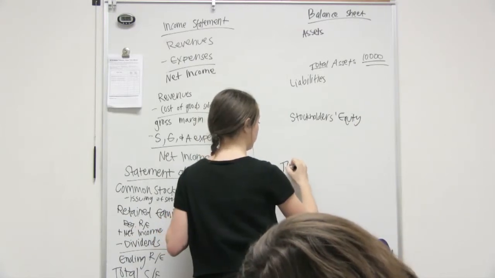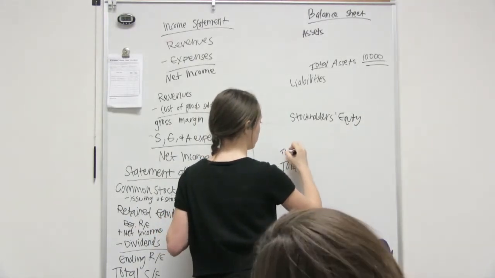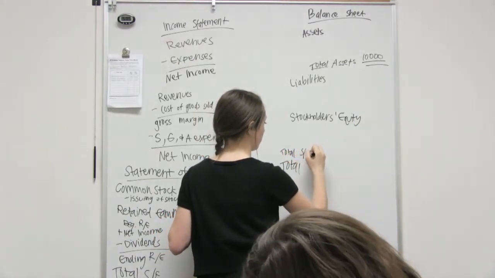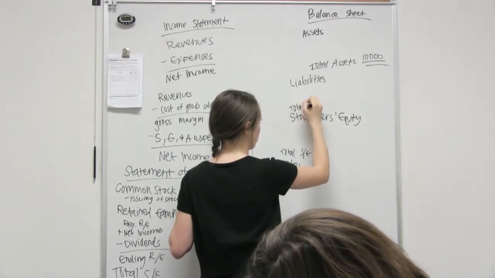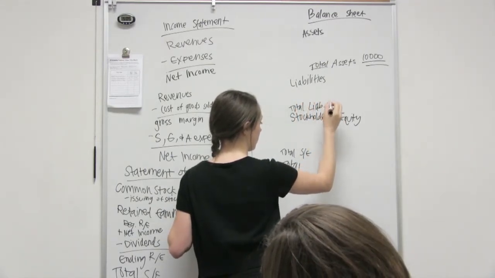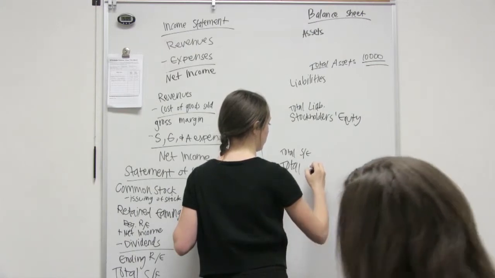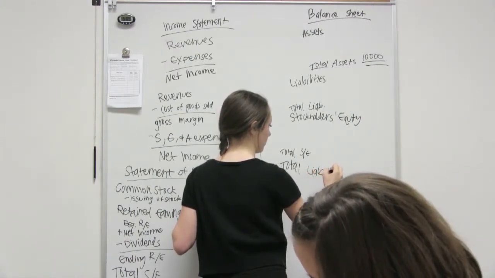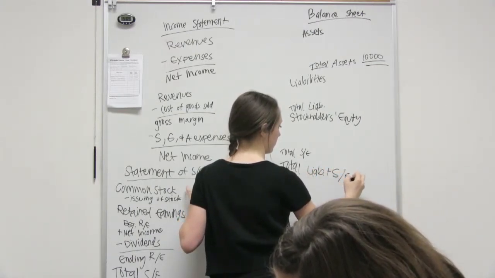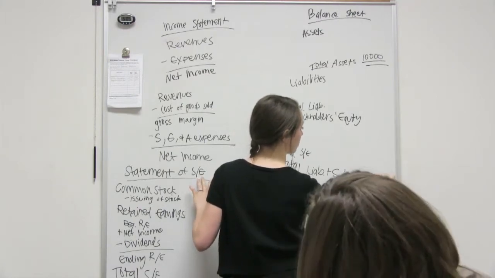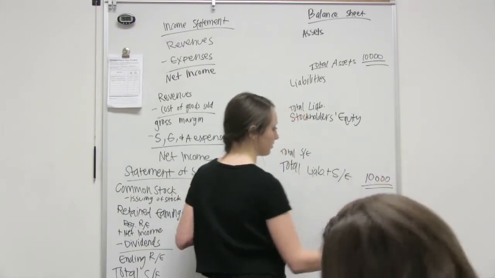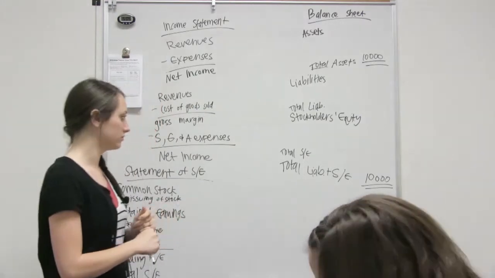You'll total your stockholders' equity, and it'll be total liabilities. Then the total of liabilities plus stockholders' equity, you're gonna hope it's the same as assets.